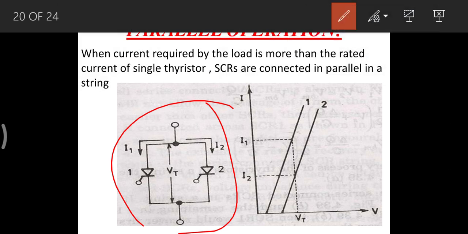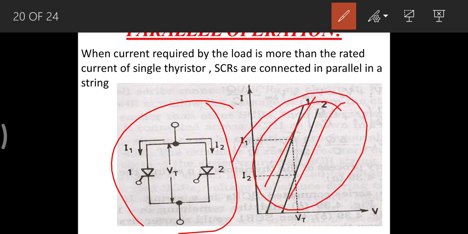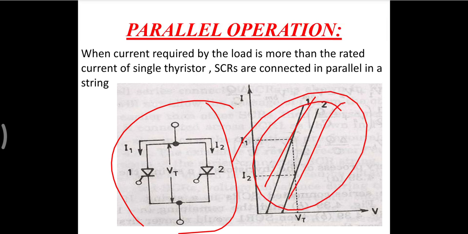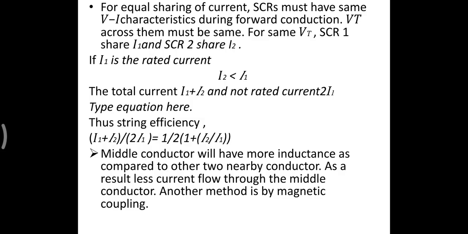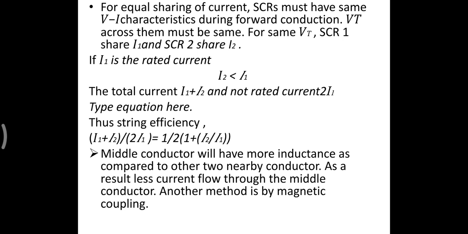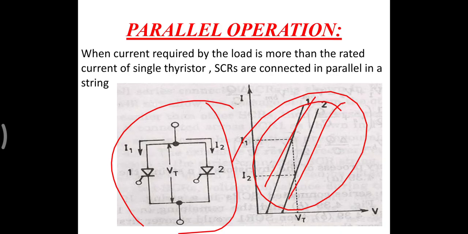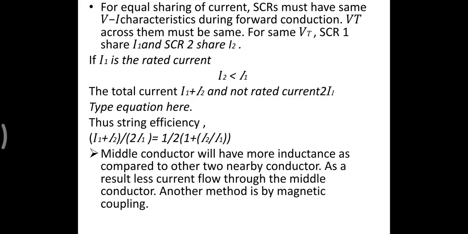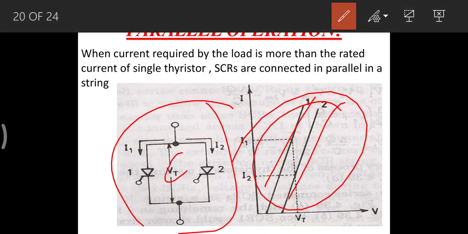If you observe here, these are the VI characteristics for SCR1 and SCR2. For the connection of SCRs in parallel, these VI characteristics must be the same. From these VI characteristics we can observe that VT is the applied voltage across each SCR.